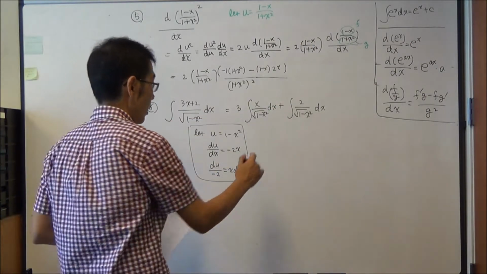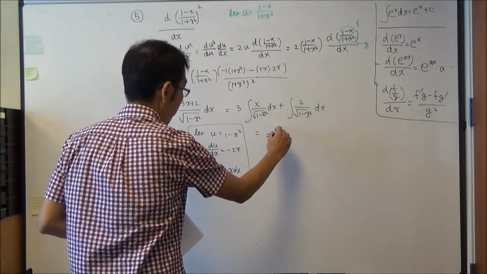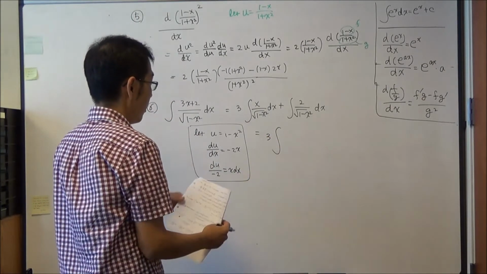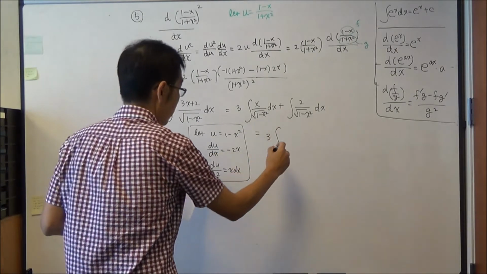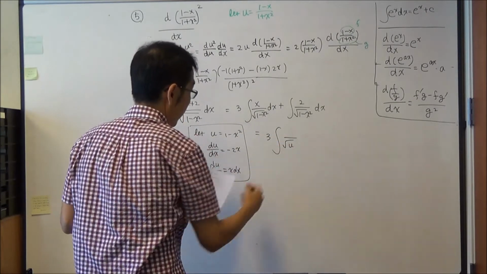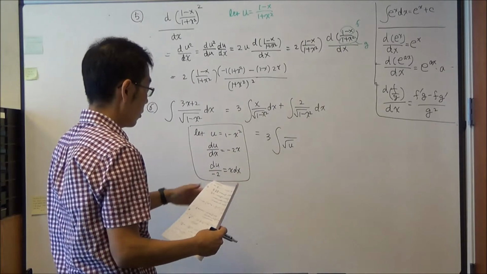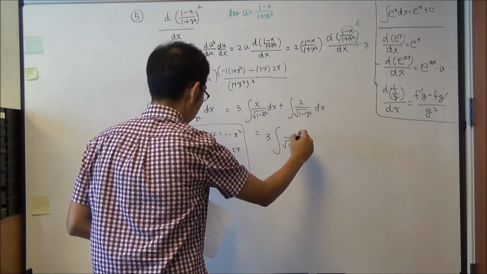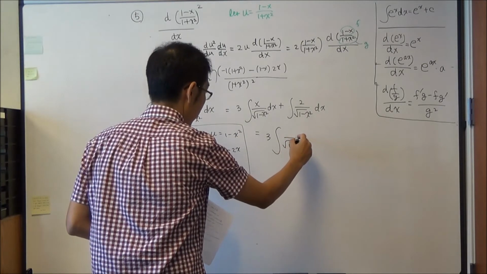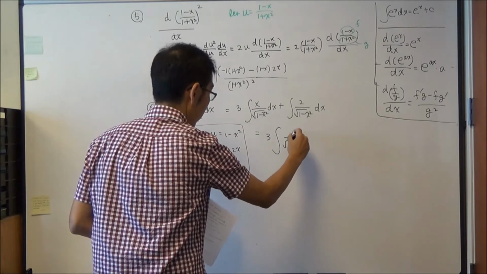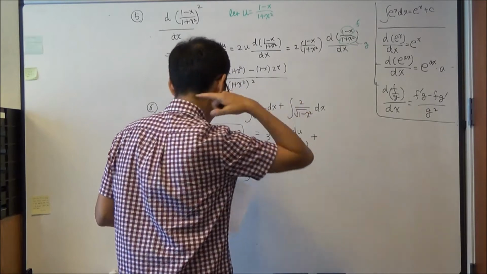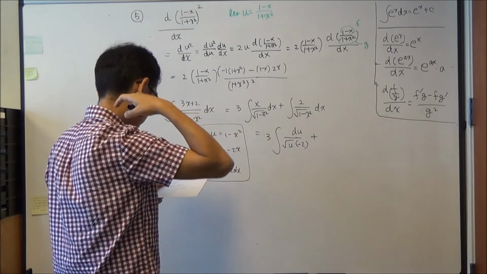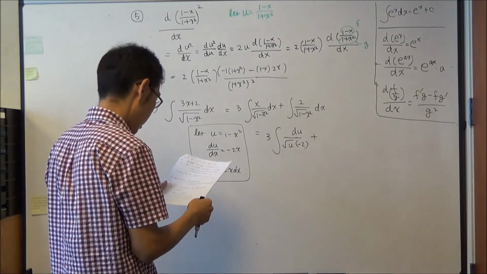So this is 3, and then I just replace this part here. So this is square root of u, and x dx is equal to du over minus 2, okay? And plus the other one.